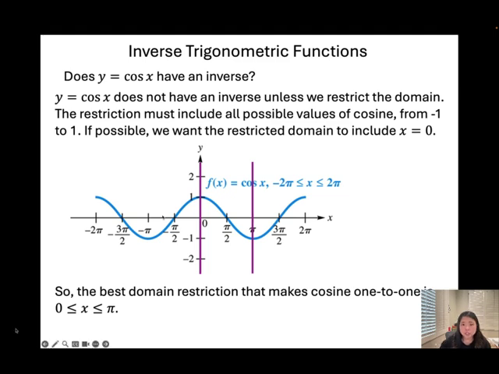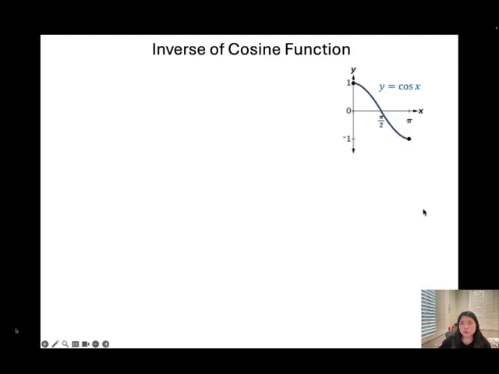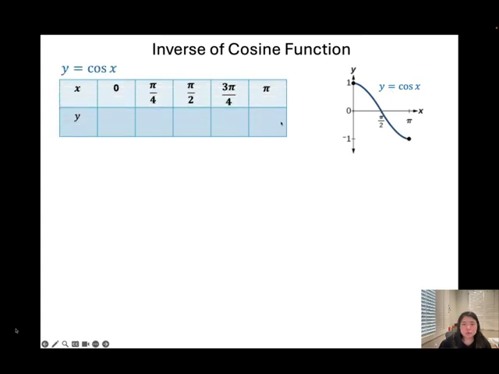Okay, we just cut this part of the graph. This is y equal to cosine x. And then we'll be using the table, talking about this graph here. When x equal to 0, y equal to 1. When x equal to pi over 4, somewhere like here, it's root 2 over 2.